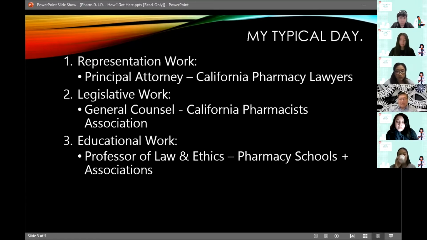This association, the California Pharmacists Association, is particularly politically active. Its headquarters is located in Sacramento, where a lot of the legislative activity and buzz happens, where our state elected officials create new laws every single year. One of my jobs as general counsel for the association is that whenever a law comes in the form of a bill that may have a positive or negative impact on the profession of pharmacy, I'm pulled in to help the association and its lobbyists figure out the impact of this potential bill if it were to be made into law.